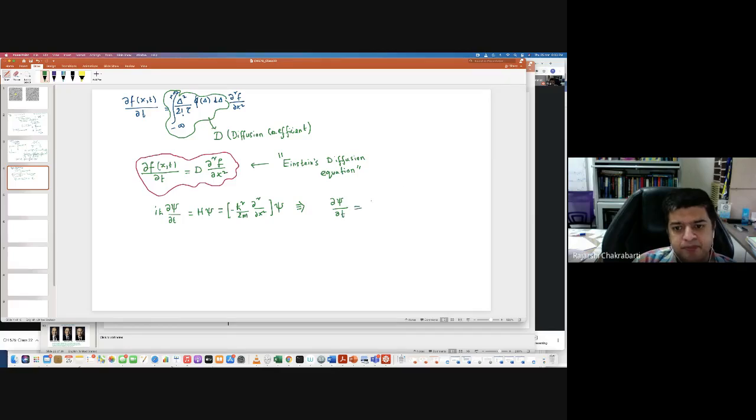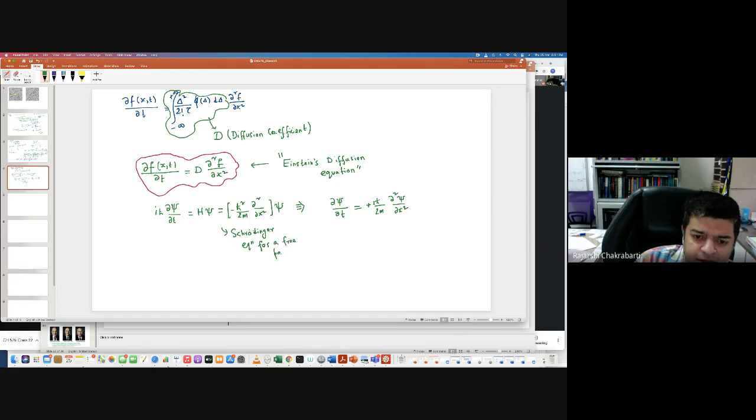This is minus, okay, so actually you can call plus h cross by twice m into i. It has the same structure. This is for a free particle, no? This is called the Schrodinger equation, for a free particle.